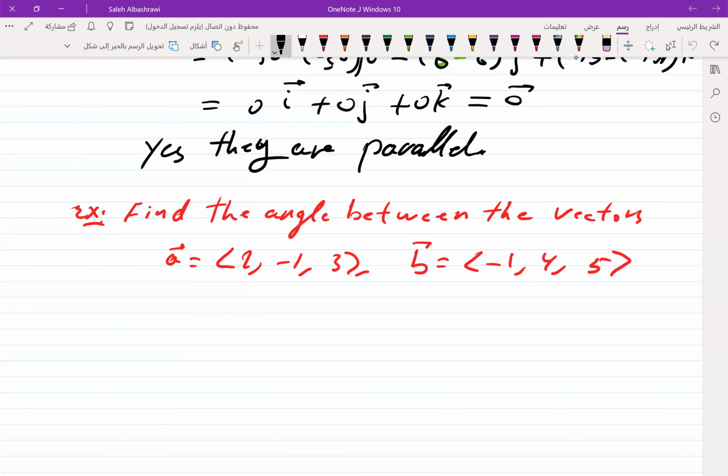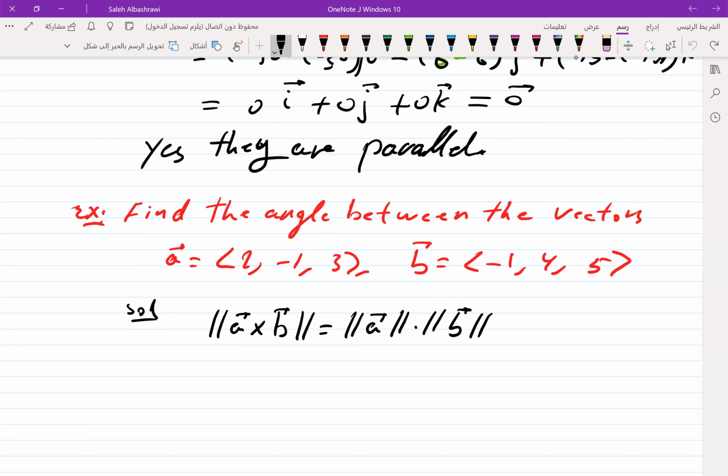We know that the magnitude of A cross B equals the magnitude of A multiplied by the magnitude of B multiplied by sine theta.